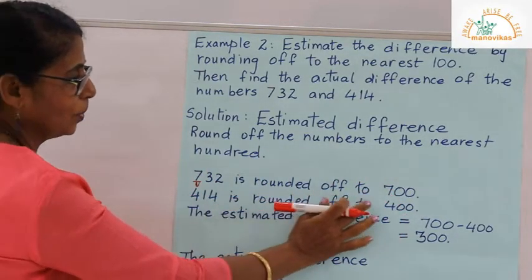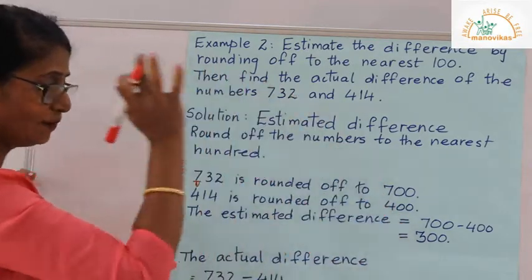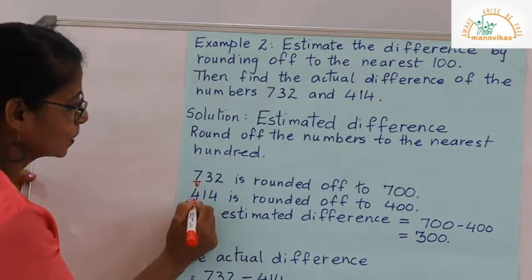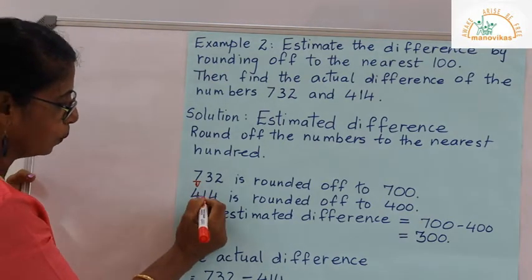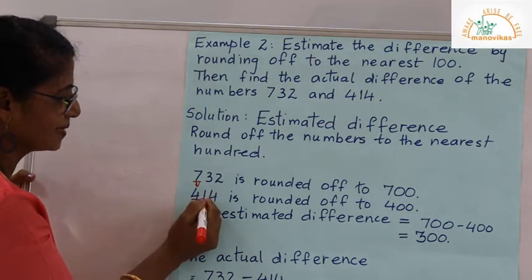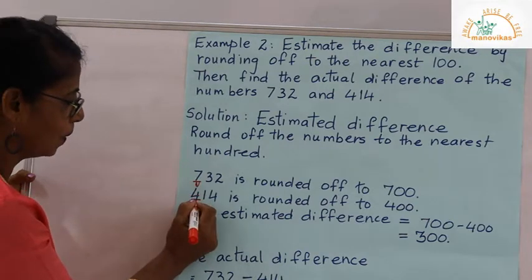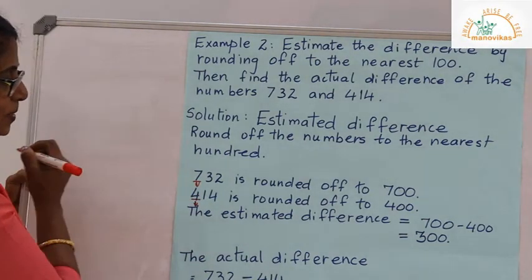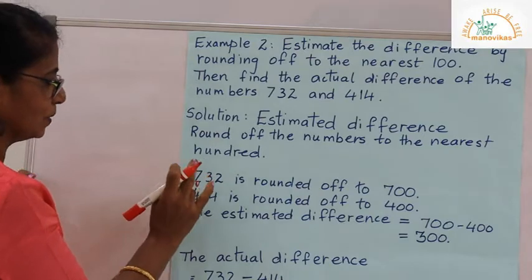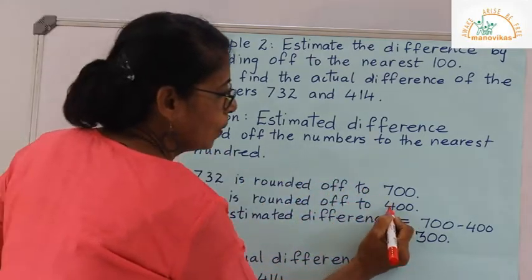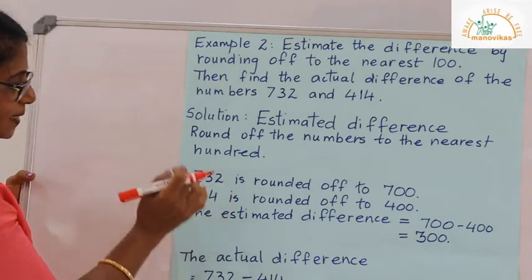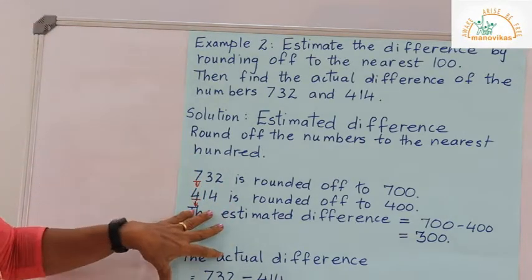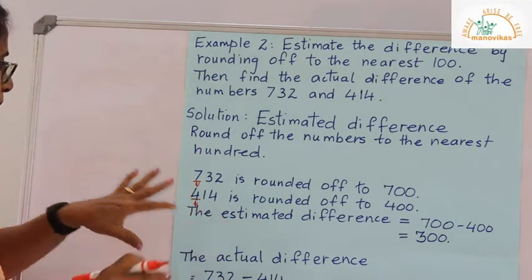414 is rounded off to 400. How did we get the value 400? Because 4 in the hundreds place and 1 in the tens place is a smaller number than 5, so it has to remain the same. It goes down and so we get 400. The other two digits, the tens and the ones digit, become zeros.